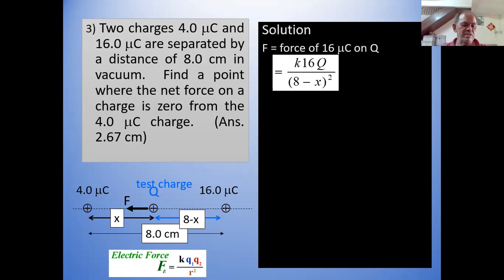Calculate the repulsive force F, and then after that, calculate the other repulsive force, P, the force due to 4 microcoulomb on the charge Q.